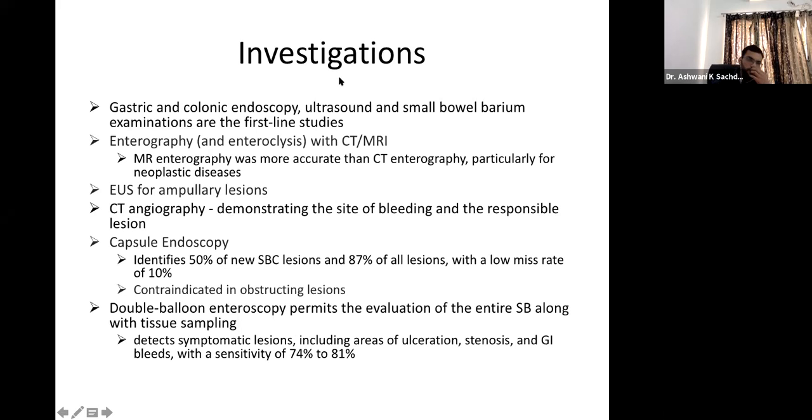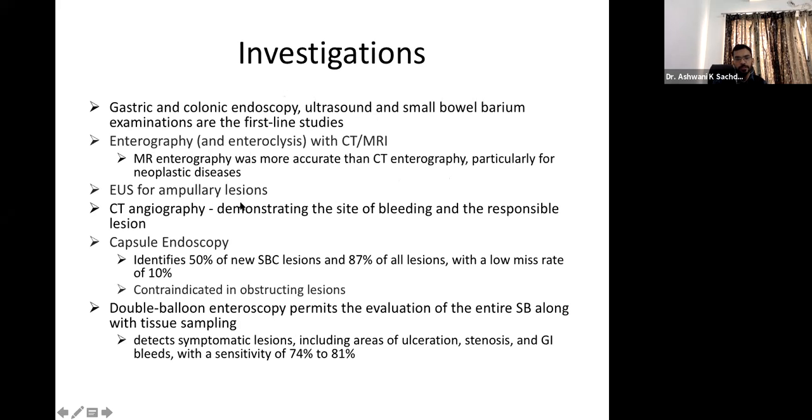The investigations for small bowel cancers: gastric and colonic endoscopy are to be done. Initial investigations are endoscopy, ultrasound, and barium examination. Further investigation is with enterography with CT or MRI. MR is more accurate than CT enterography.